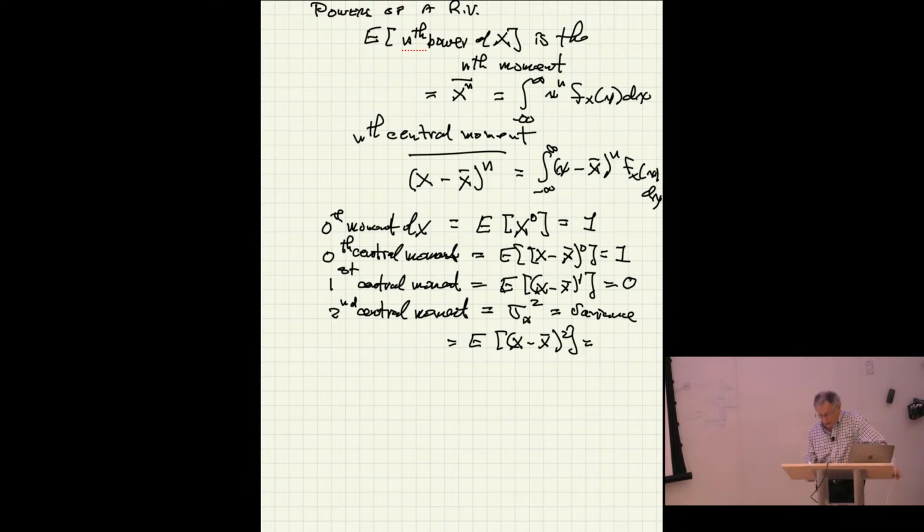If I square the thing inside, I'll get an x squared minus 2 x x bar plus x bar quantity squared. Let's write that down. Then I'm going to take the expectation. So expectation of the square of x minus 2 times x bar times x bar plus x bar squared. So what is that equal to? That's equal to the second moment minus the first moment squared. Let me correct this, write it better.